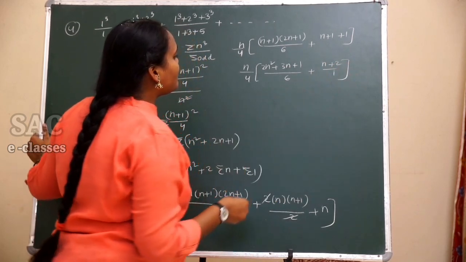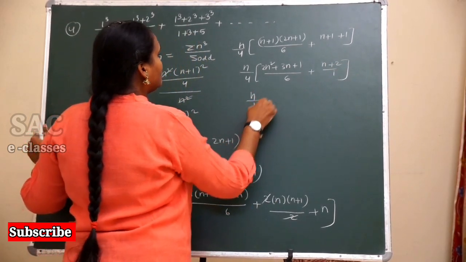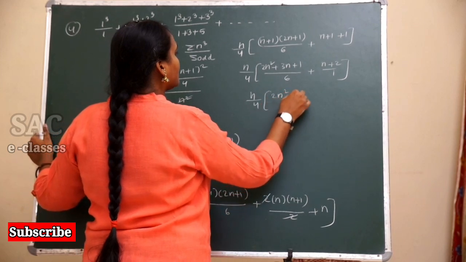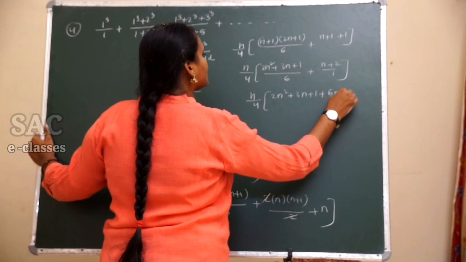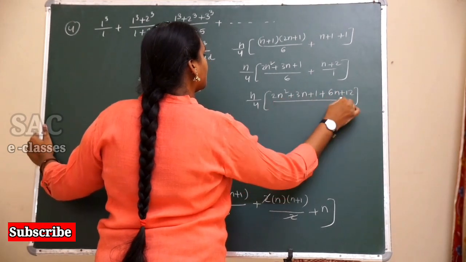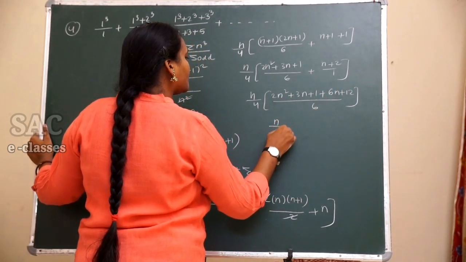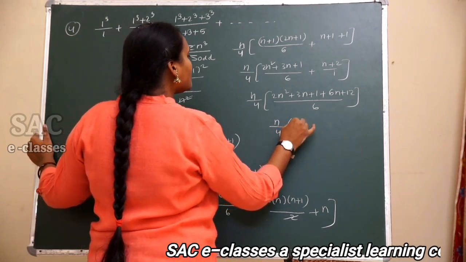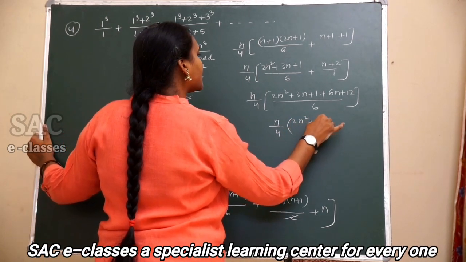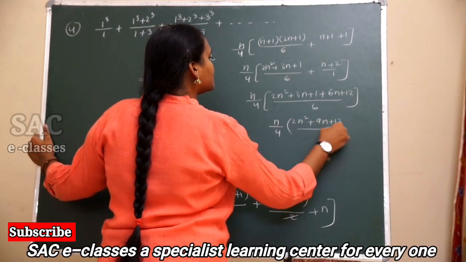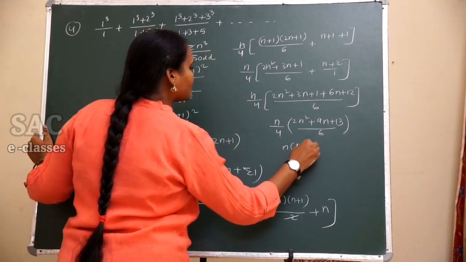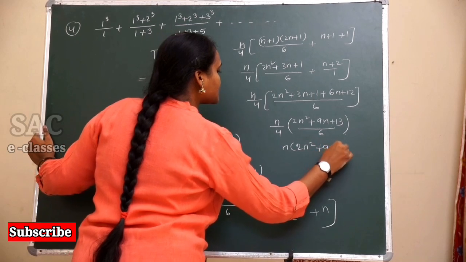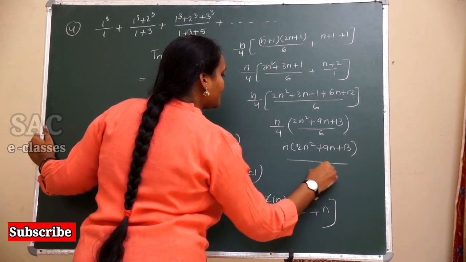Try to simplify it. N by 4 into 2n square plus 3n plus 1 plus 6n plus 12 by 6. N by 4 into 2n square plus 9n plus 13, which cannot be factorized. You can write n into 2n square plus 9n plus 13 by 24.